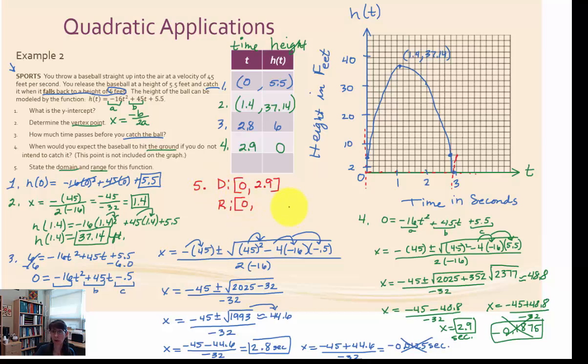And the highest point for the baseball would be that vertex point. So the height involved there is 37.14. Notice that we're always writing domain and range from the smallest value to the largest value. It's always this order. So when you're thinking of writing interval notation for domain and range, it's always starting with the smallest value and ending with the largest value.